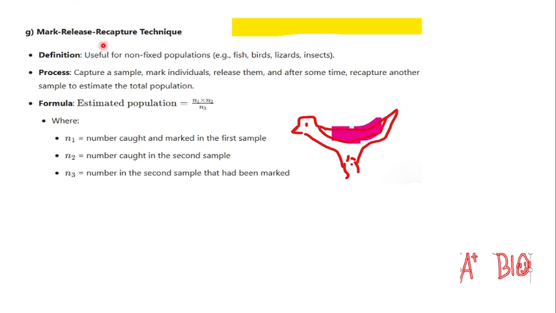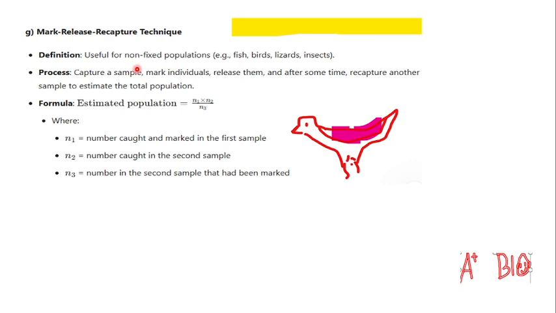You will come back and recapture. Now after taking again, you are going to record your observation. It is useful for non-fixed populations. Remember those organisms which are flying, like lizards and others, those mobile ones. It is used for mobile organisms.